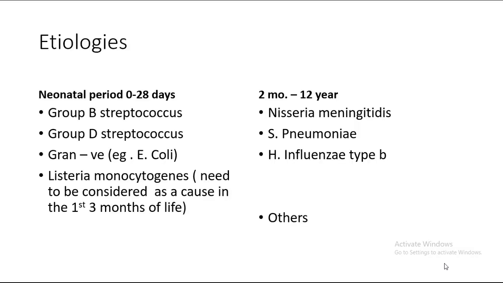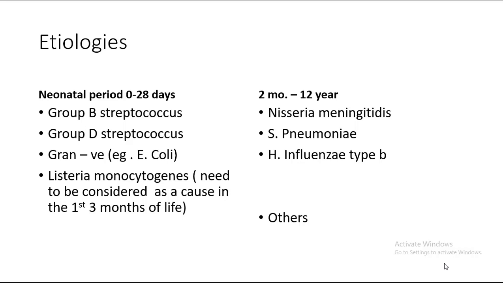Now, the etiologies in acute bacterial meningitis. I'm going to talk about the bacterial etiologies. In the neonatal period, from birth to 28 days of life, Group B Streptococcus, Group D Streptococcus, gram-negative bacteria like E. coli, and Listeria monocytogenes are the most common bacterial pathogens.